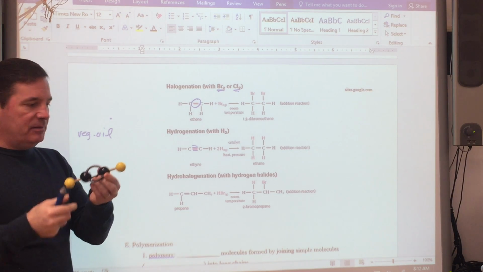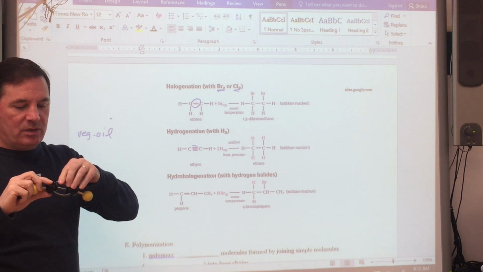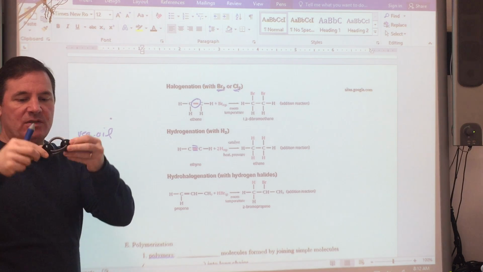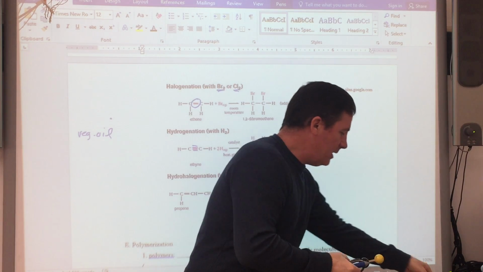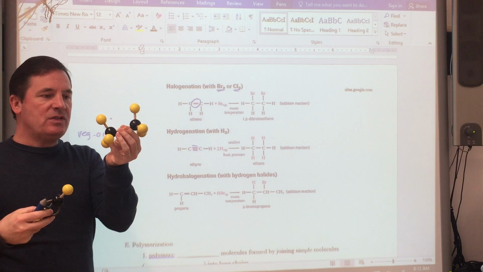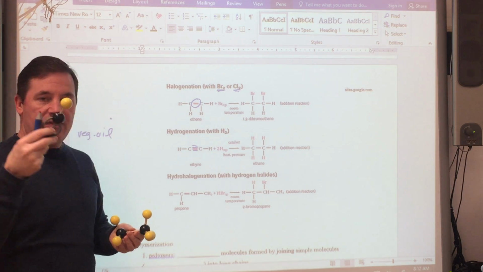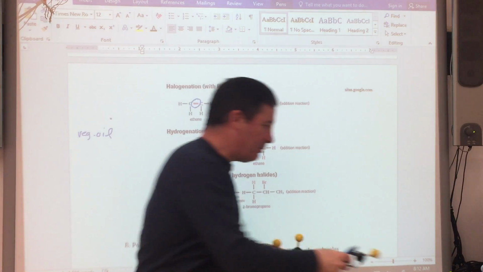So here's ethyne, and it's somewhat more flexible. A bond came off here, but it's somewhat more flexible than a saturated compound would be. So you can see that these might be able to cruise by each other, and this would be in a liquid form at room temperature.